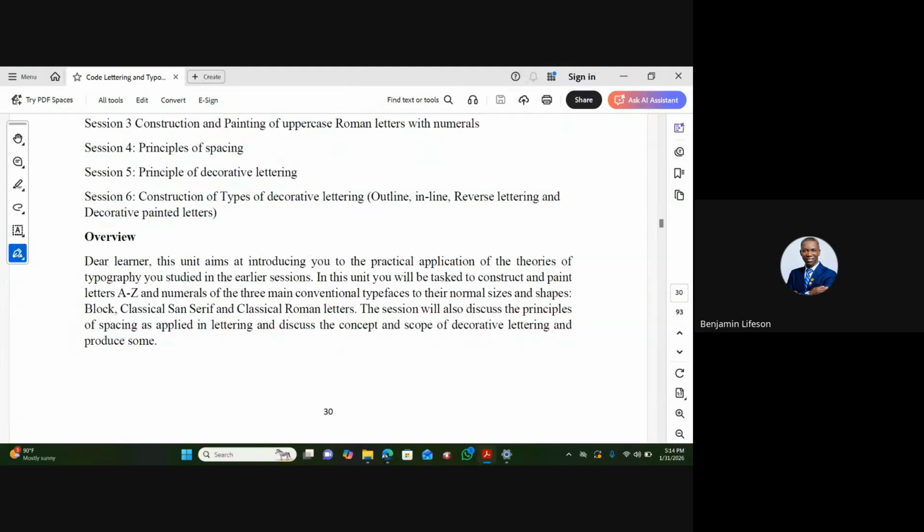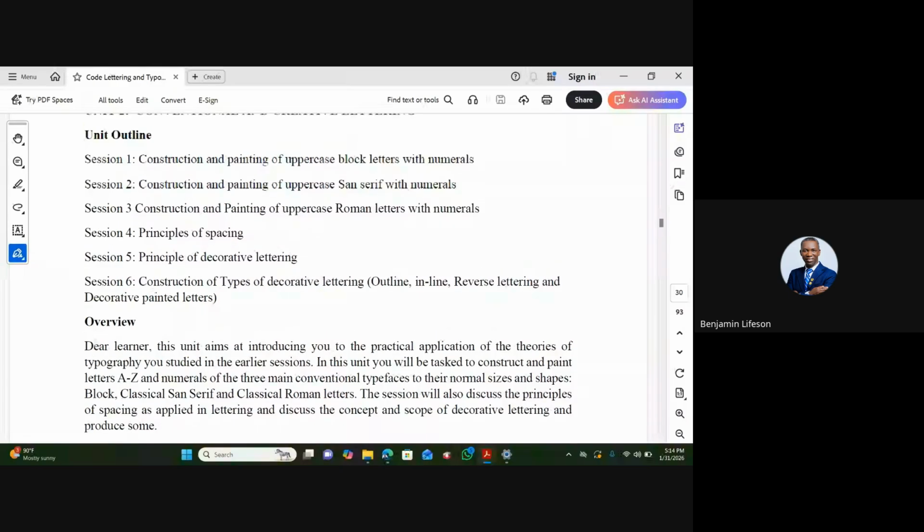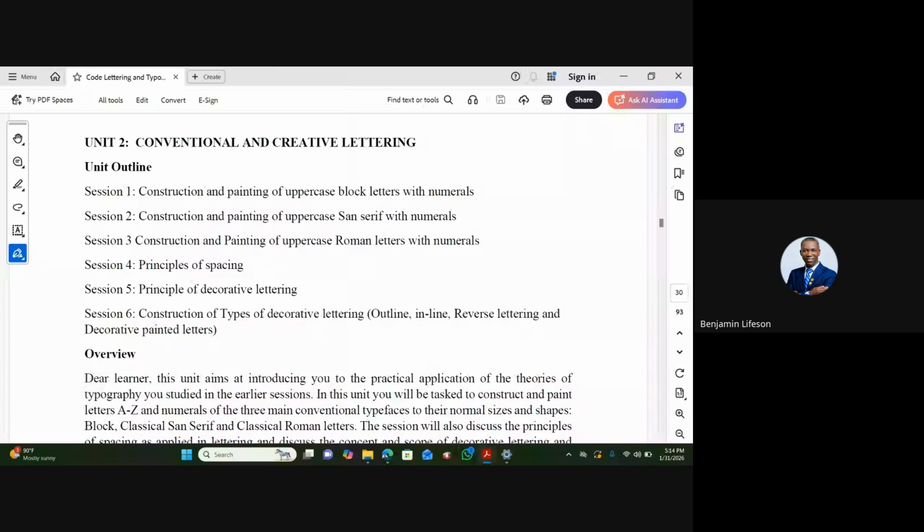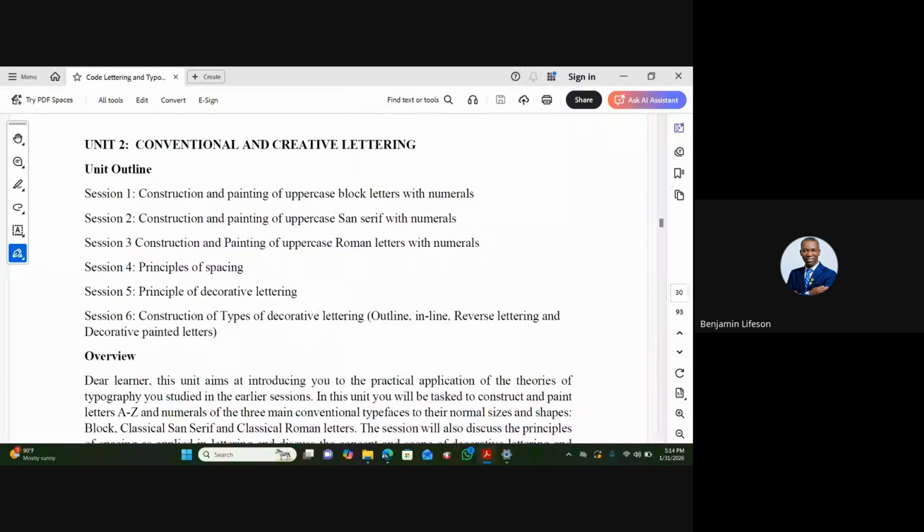Basically, we are going to look at the construction and painting of upper block letters with numerals. So it's basically practical based. Construction and painting. So you are going to demonstrate some of these things.